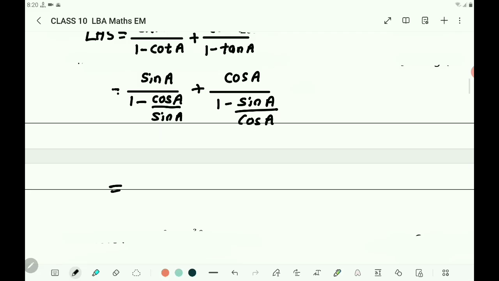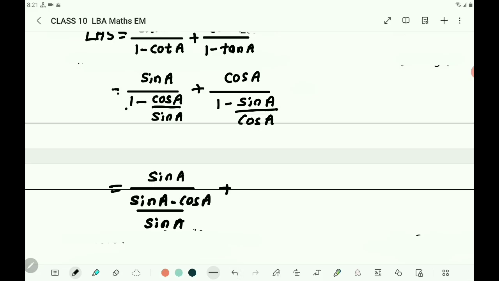That equals, write the sin A as it is, and in the denominator take the LCM. What is the LCM? LCM is sin A. So you write sin A, and what the numerator becomes here? 1 is to be multiplied by sin A. 1 into sin A is sin A, and write this cos A as it is.